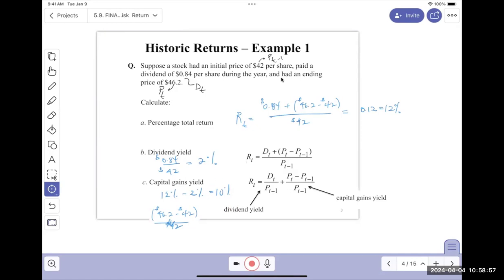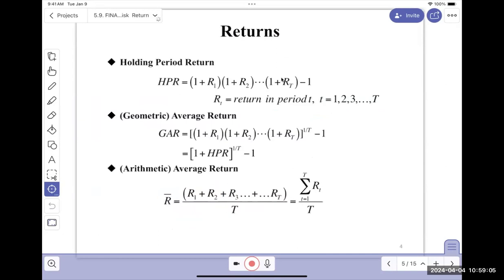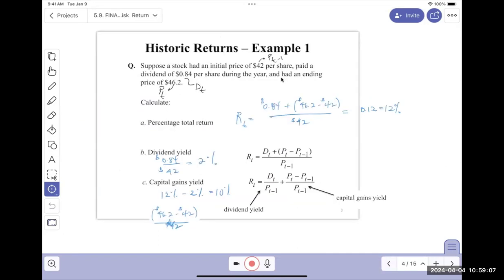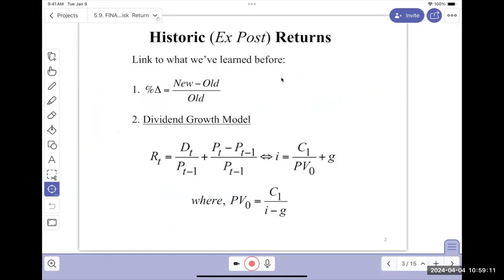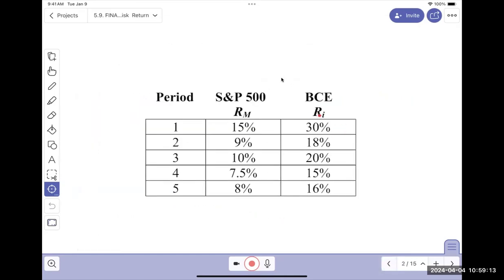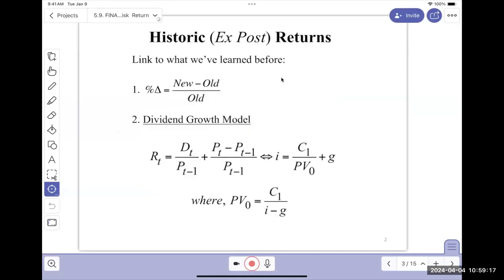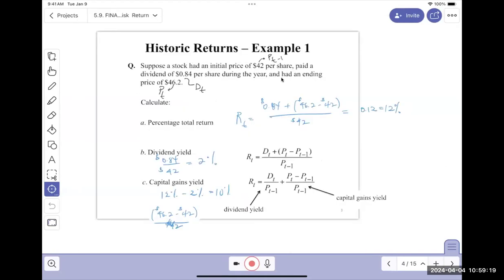In anticipation that they actually sell it, they'll realize that return. So from the perspective of stockholders, 12% would be the return estimated for that period. Any questions about the calculation?